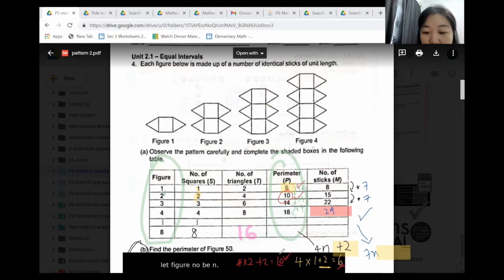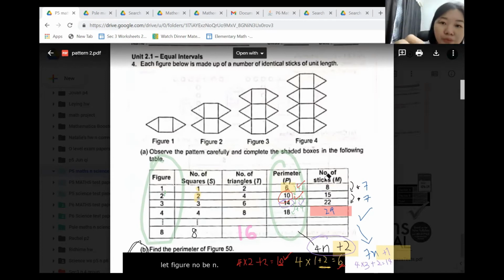Normally, to check whether it is confirm correct or not, I need to do a third one. So what I have here is basically 4 times 3, and then I plus 2. So I get 14. So yay, means I found my n term. I can use 4n plus 2 here. Similarly for this one, I can plus 1 also, because I can see that for the first one, it is 7 times 1 plus 1, I get 8.